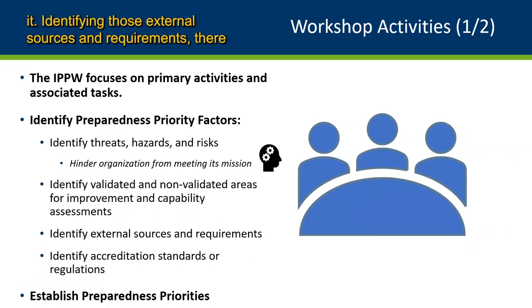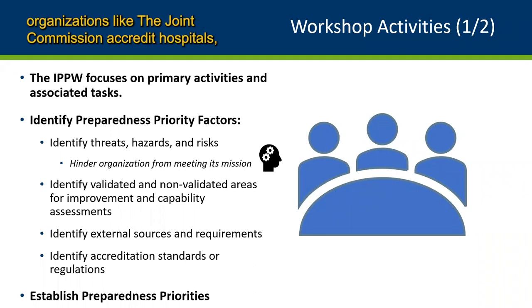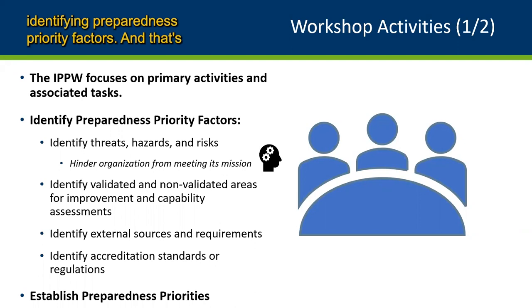Identifying those external sources and requirements, there are funding streams and there are sources of information and guidance. And so understanding those, identifying accreditation standards or regulations, the Joint Commission or organizations like the Joint Commission accredit hospitals, and they require the hospitals to have certain standards and certain activities. And so that's what we mean in terms of identifying preparedness priority factors.